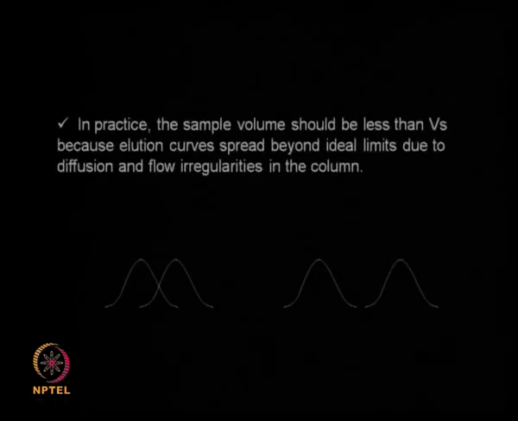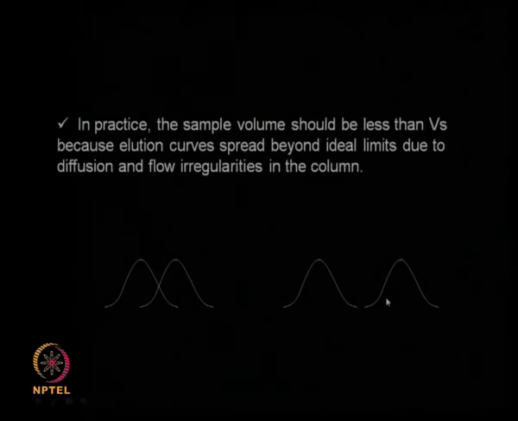But then you need to again consider points like flow irregularities, the packing of the gel not being homogeneous, there is a lot of heterogeneity, there are going to be diffusion limitations and so on. So instead of achieving a good separation like this, we may end up with a separation like this. Here you can see there is an overlap in these 2 places, and you are going to have impurities of component 1 and component 2 happening here, whereas here there is a very good separation.